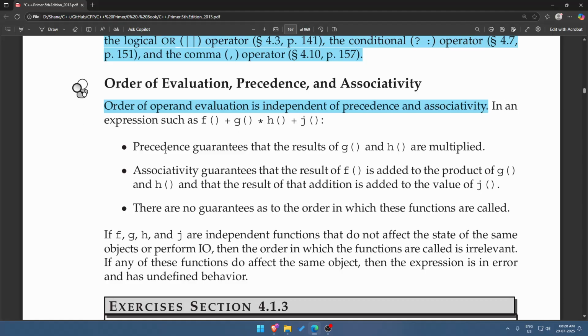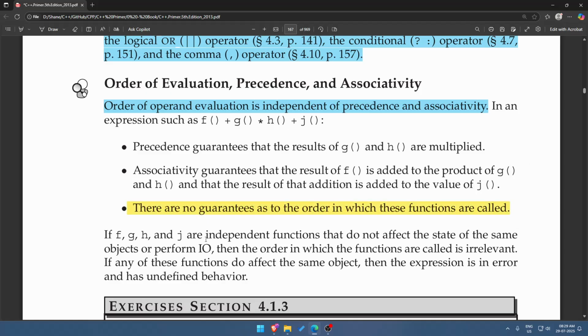In an expression such as this, precedence guarantees that the results of g and h are multiplied. Associativity guarantees that the result of f is added to the product of g and h, and that the result of that addition is added to the value of this. Okay. And for same precedence, left to right. There are no guarantees as to the order in which functions are called.